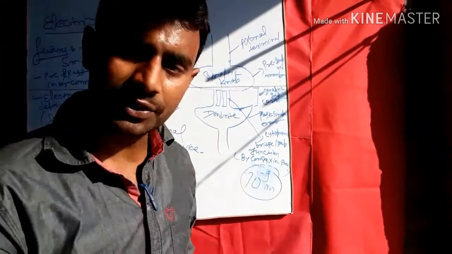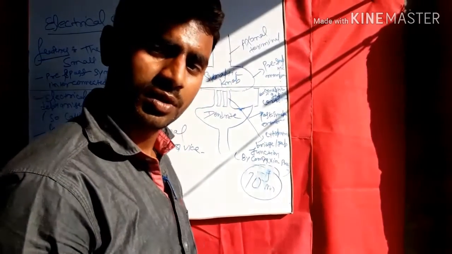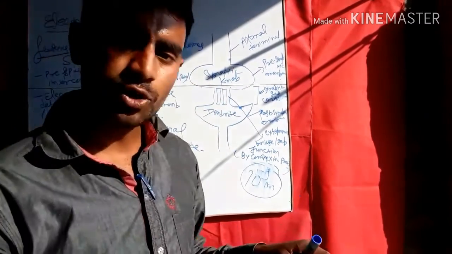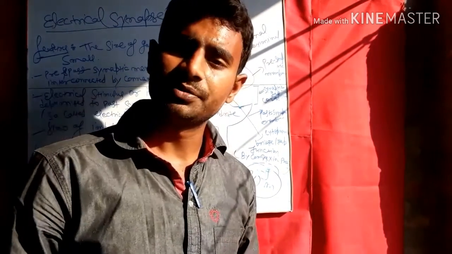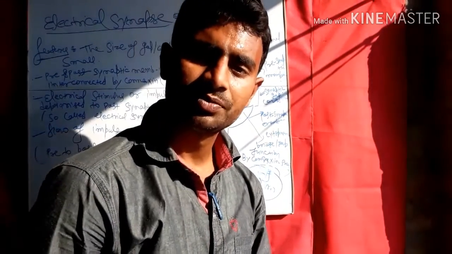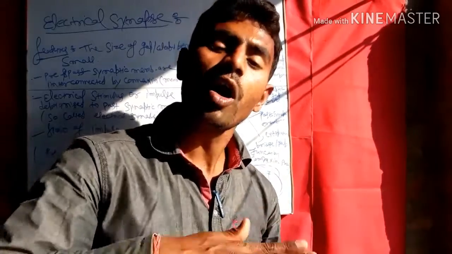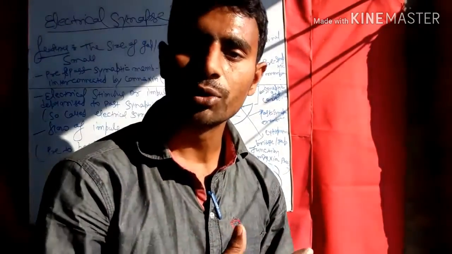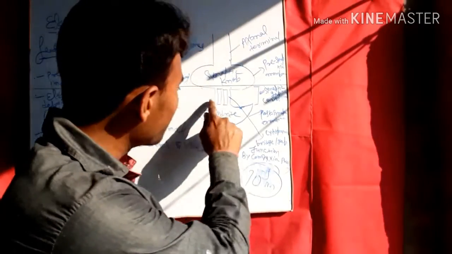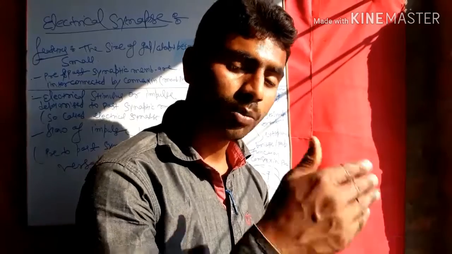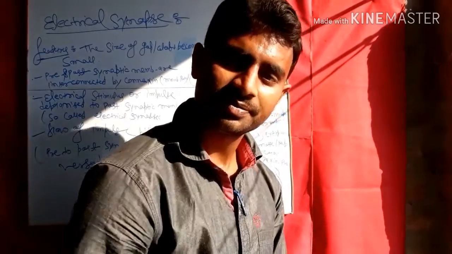A cytoplasmic bridge junction is formed between the two neurons. Why is this cytoplasmic bridge formed?